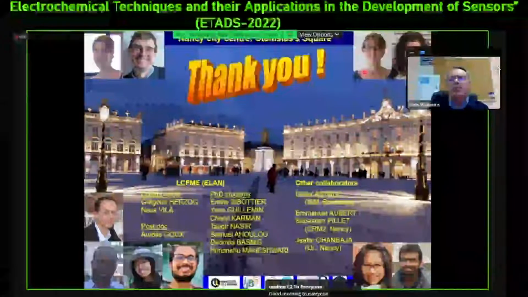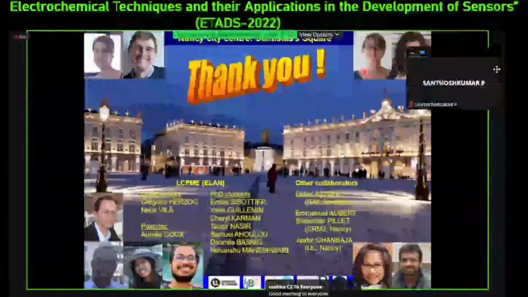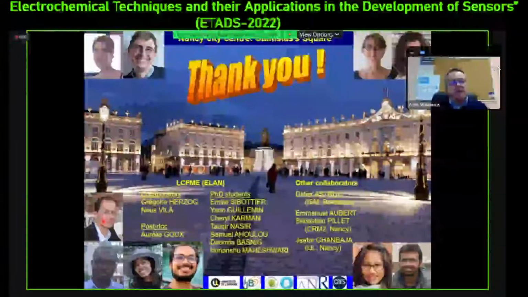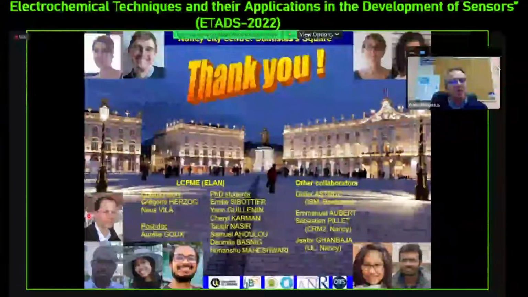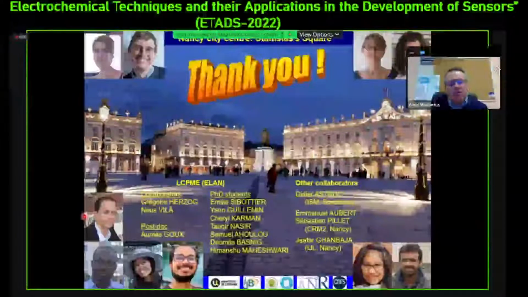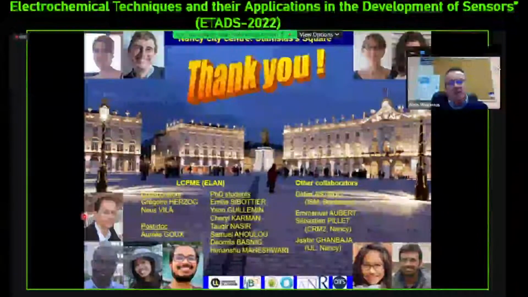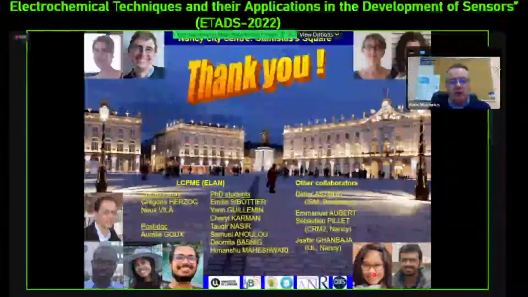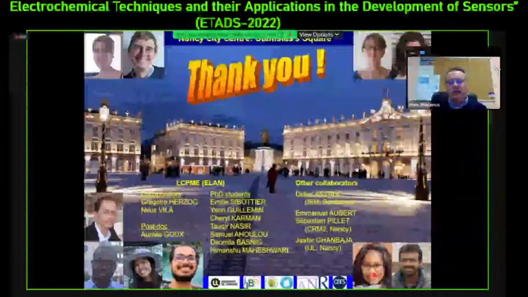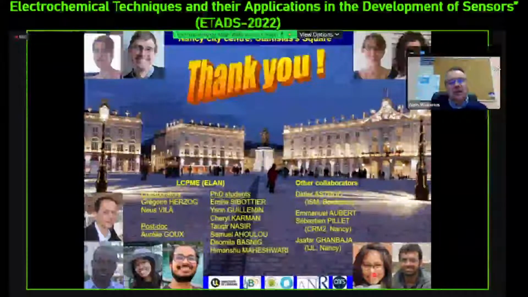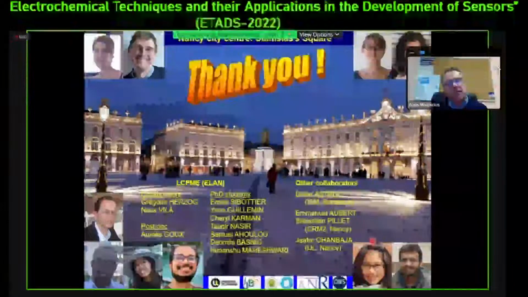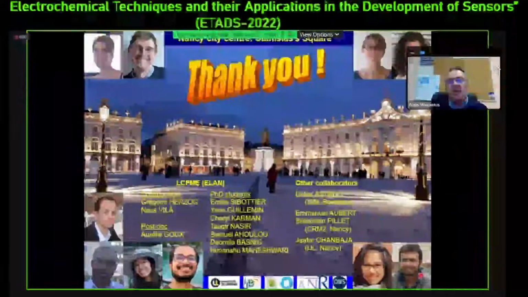Aurélie Gou optimized all the parameters to get aggregates-free films, for instance. Yann Guillemin used the local deposition and the functionalization by methyl group. Then Cheryl Carman studied all the modulation of electron transfer of ferrocene by varying the ionic strength.